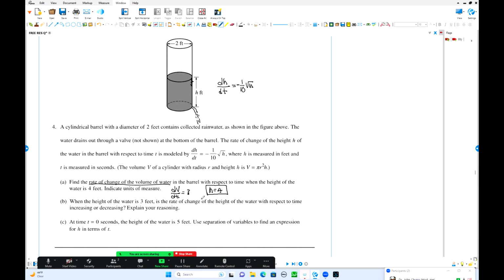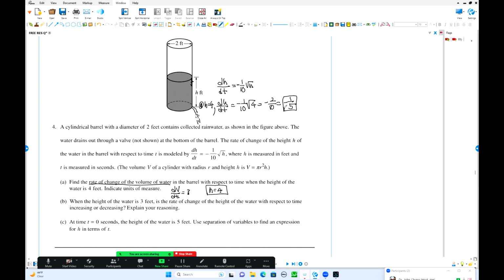But dH/dt is also a function of h, so at this time you can put h equals 4 in there. dH/dt is negative 1 over 10 times the square root of 4, which is 2. So negative 2 over 10 equals negative 1 over 5 at the time when h equals 4.